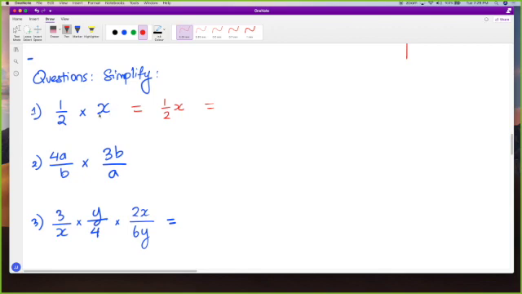So X could be seen as X over 1. And so you could multiply your numerators, 1 times X is X, and then you have 2 times 1 is 2. And this is the reason why I gave you guys this question. Remember, I just keep putting this in all your heads. A half X is the same as X over 2.